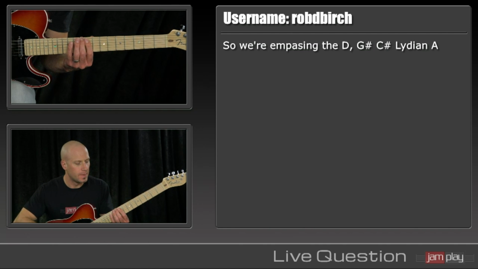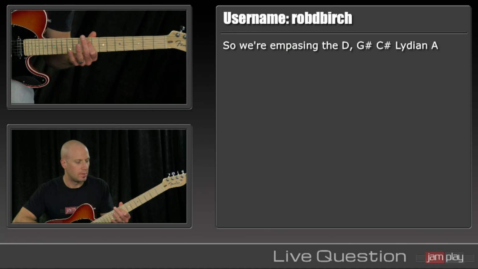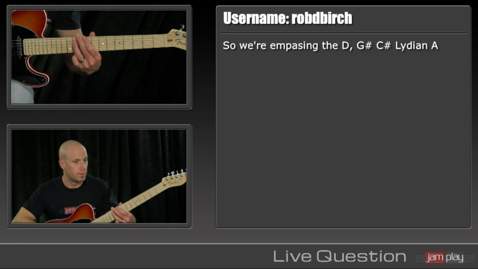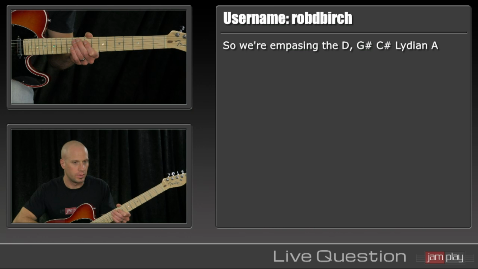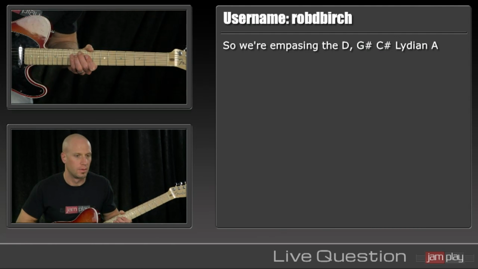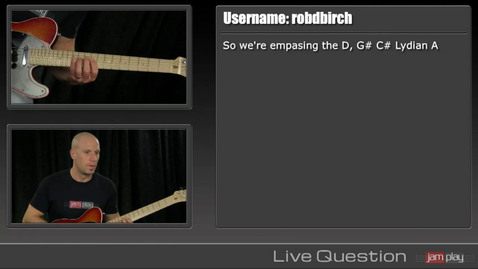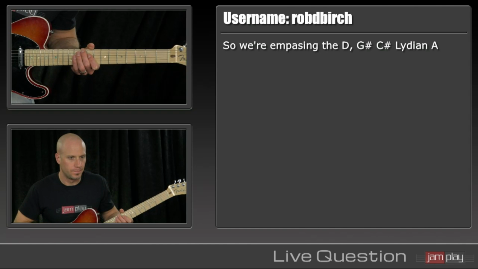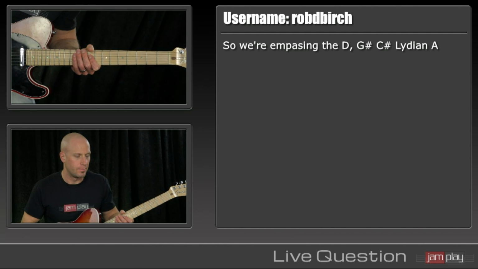We have D, E, F sharp, G sharp. Those are pretty important, your F sharp and your G sharp. And then, of course, yes, your C sharp. So D Lydian is in the key of A.